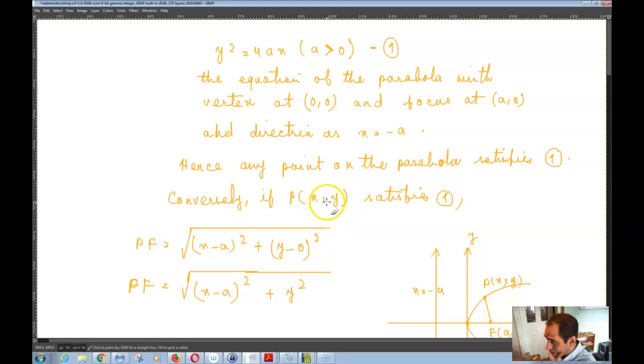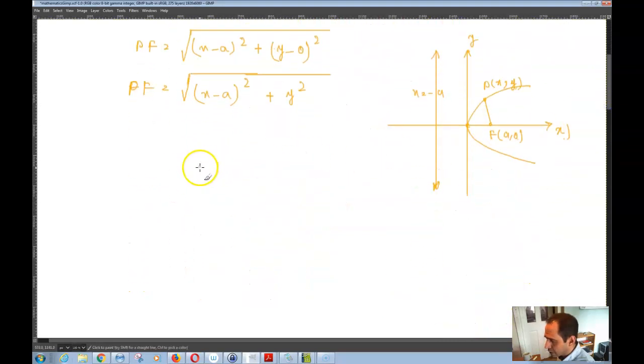What I'm saying is that if P, x comma y, satisfies this equation, let's say that I have some equation y is equal to x. So then I have some point over here, for example 1 comma 1.